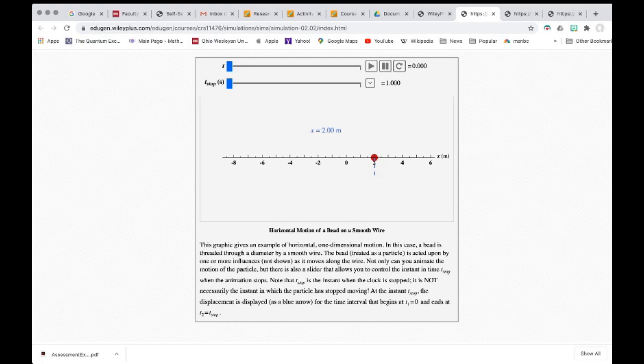So when I run the animation, it's going to run for 1 second. It shows the bead as a red disk on the x-axis. You can see that it's currently located at its current position, x equals 2 meters. Let's run the animation for this 1 second time interval and see what we observe.